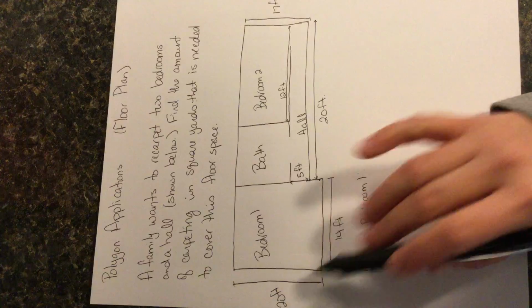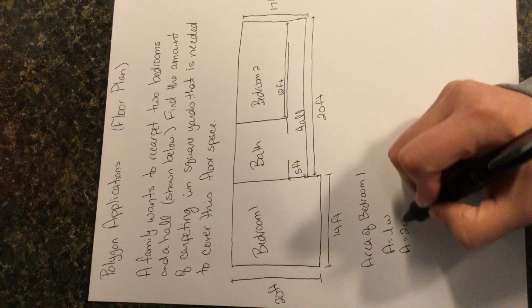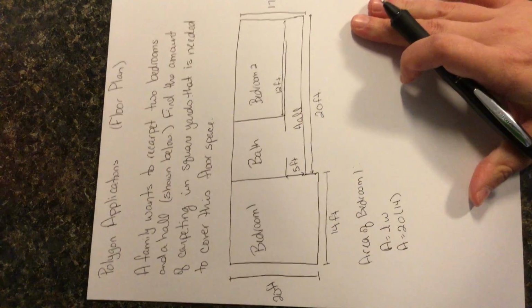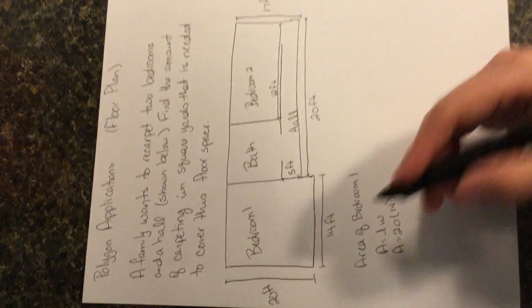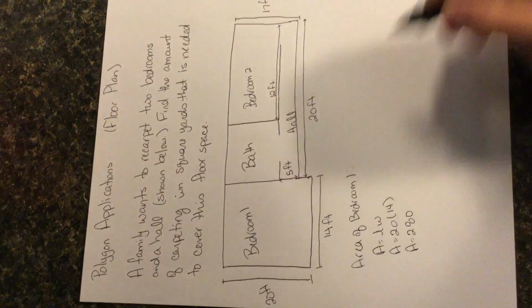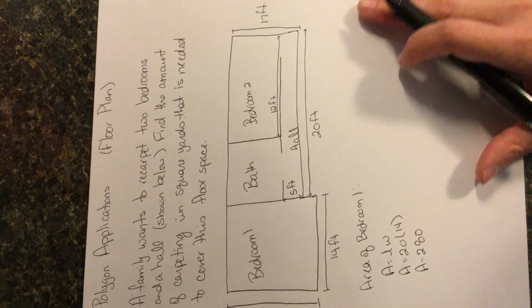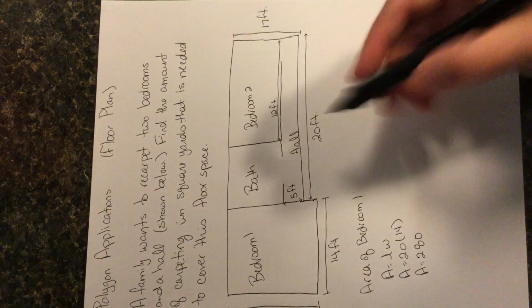It gives you both of those, 20 times 14, which is equal to 280, and that's in feet squared. We'll talk about that in a minute. That's the area of bedroom 1. We also have the area of bedroom 2.